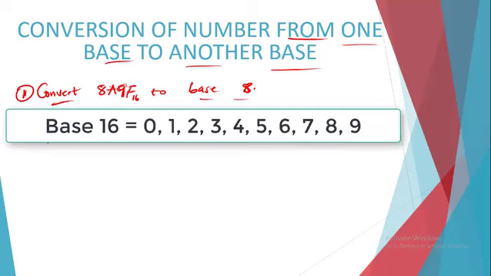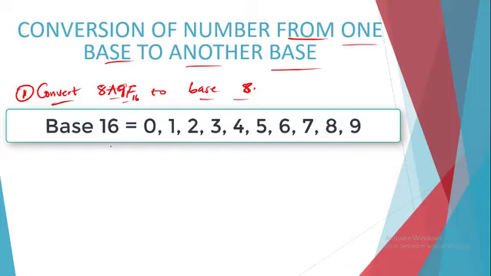Okay, the first thing we need to understand is the value of A and F. Now we are dealing with base 16. Base 16 has its digits to be 0, 1, 2, 3, 4, 5, 6, 7, 8, 9.